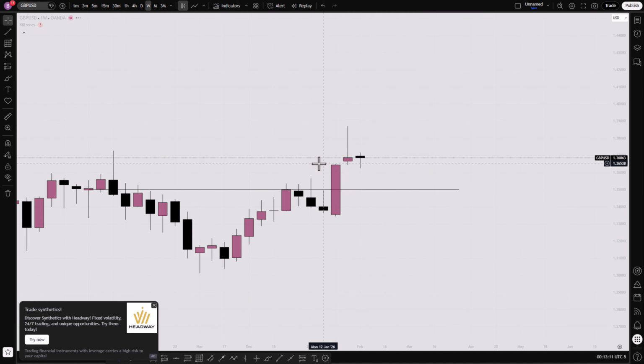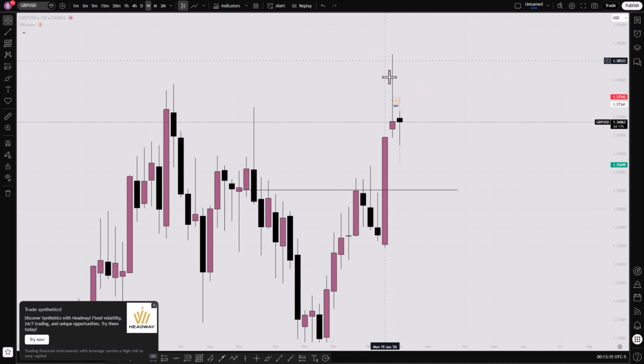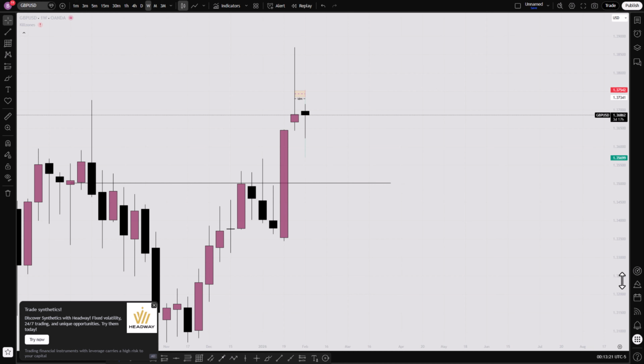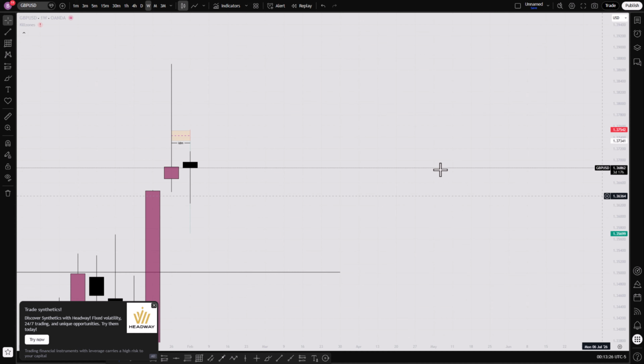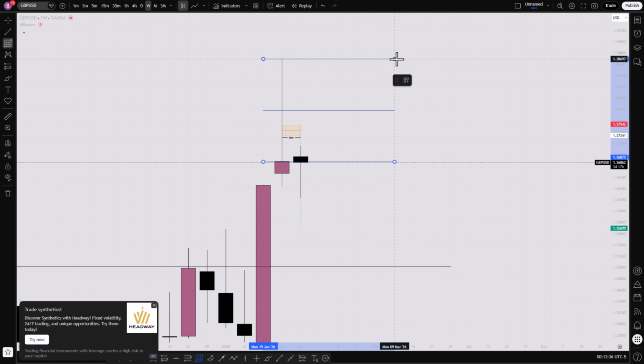On the weekly time frame, we have almost similar. We see price rejecting and want to see price coming to this discount level. So here for the GBP USD, I already have my confirmation, because what I want to see is price coming into the week, and since we're looking for bearish, we're looking at the lower half of the week, and then we're going to identify a fair value gap at this level.